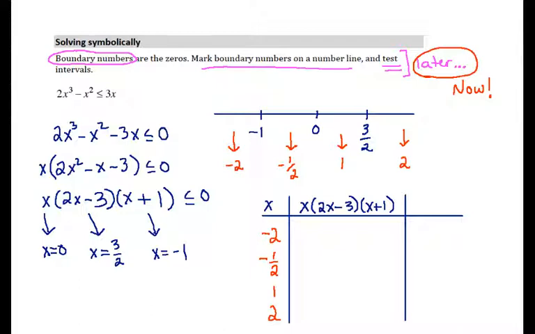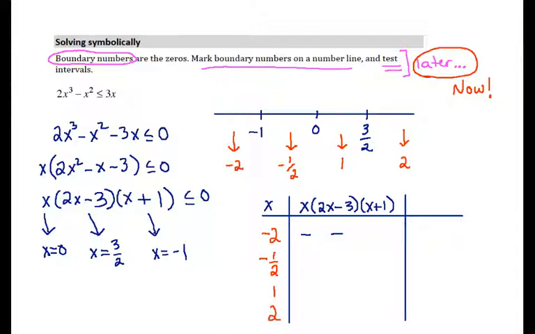So first, the factor x, when x is equal to -2, is negative. The factor 2x minus 3, when x is equal to -2, is negative. Specifically, it's -7, but I don't care what the number is. If I can tell it's negative, that's all I need to write down.